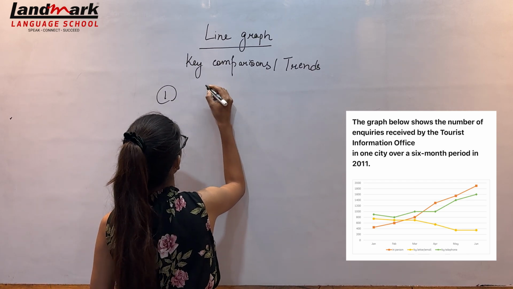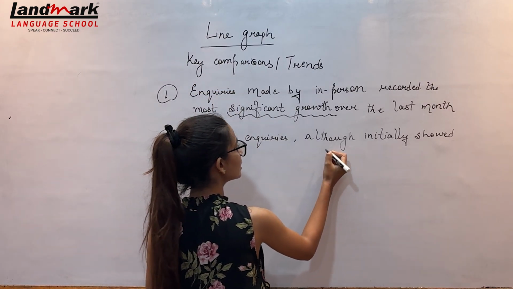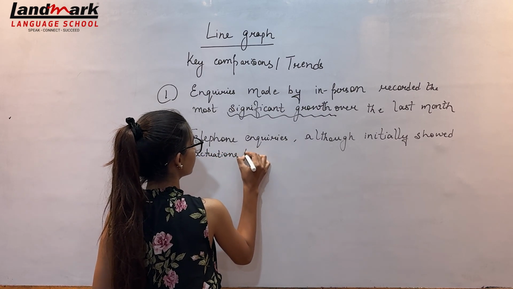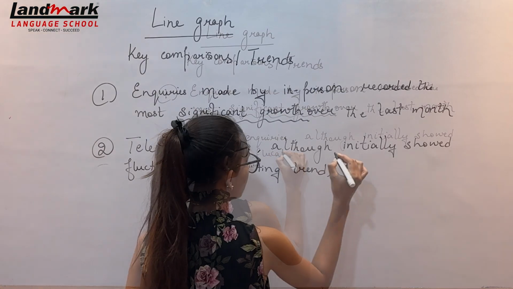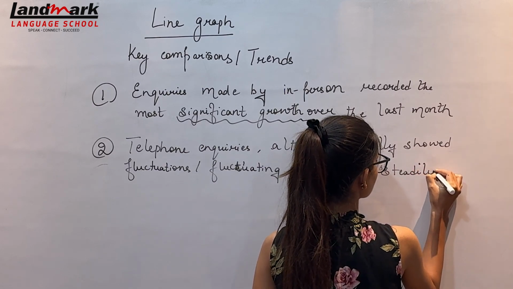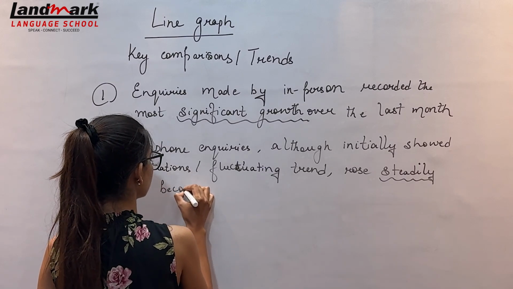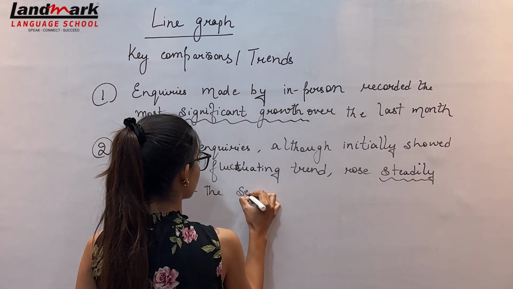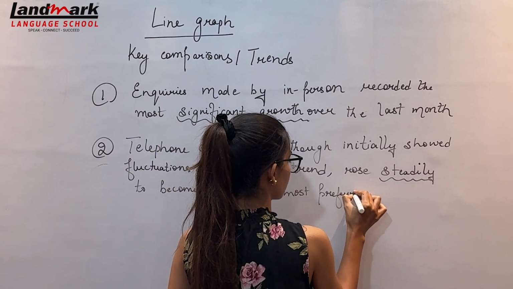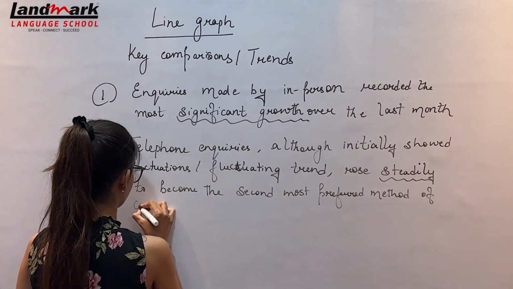So firstly, we will write inquiries. Telephone inquiries, although initially showing fluctuations, or you can say a fluctuating trend, rose steadily. Steadily means slowly. Rose steadily to become the second most preferred method of communication.